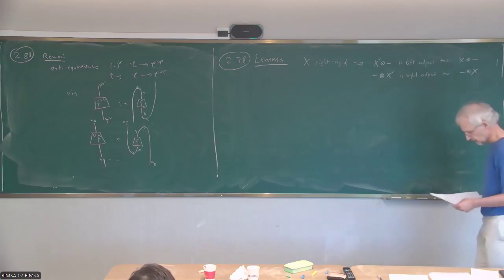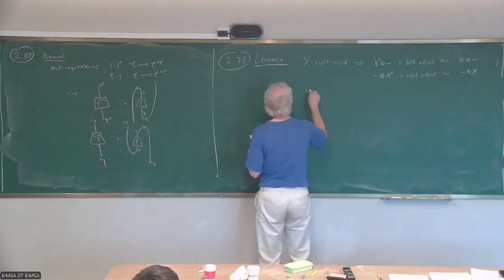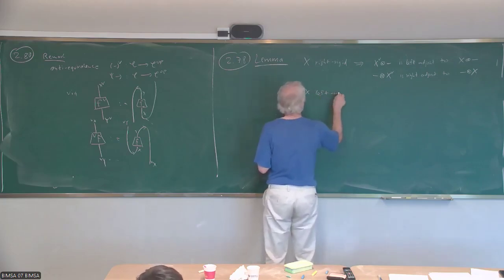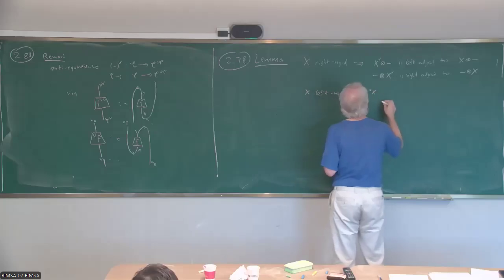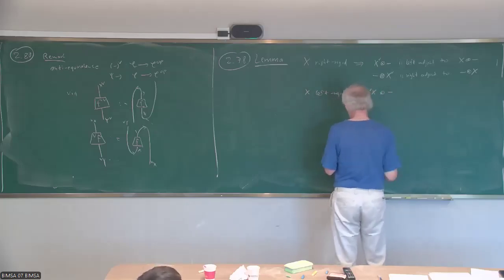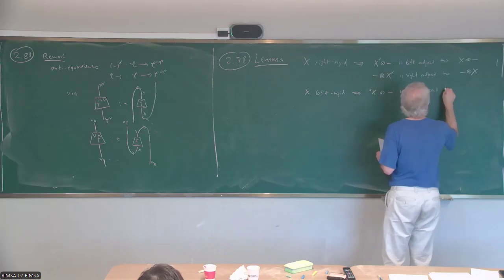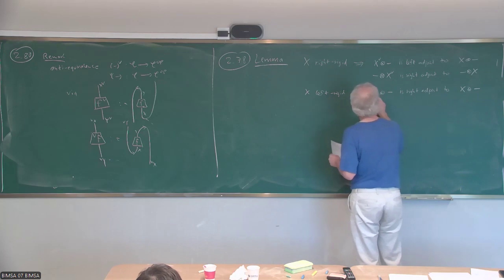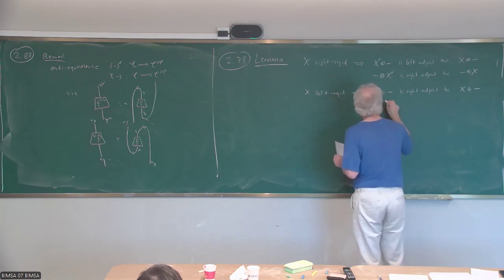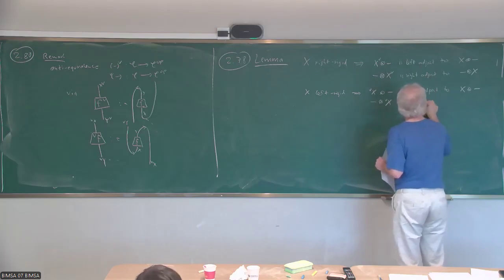And there is a similar statement for X left rigid: then tensoring with the left dual is right adjoint. So tensoring with X and tensoring from the right with the left dual is left adjoint.